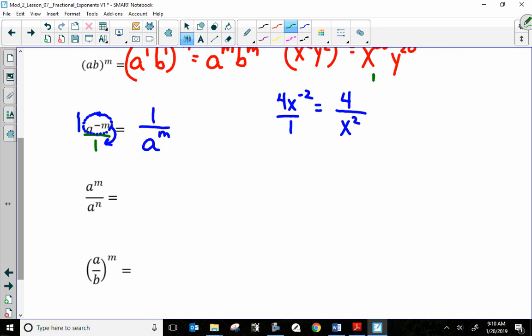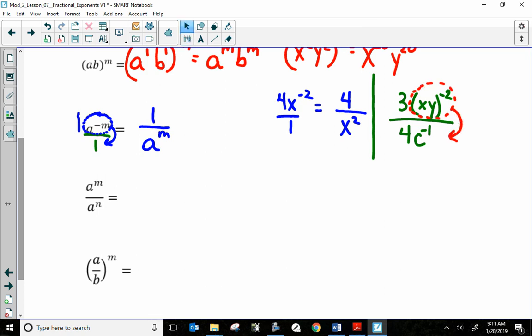Okay, I'll do this one in green. Let's say I've got 3, then in parentheses, x, y to the negative 2, all over 4c to the negative 1. All right? So anything with a negative exponent needs to flip. That means this flips down here, and I actually have something in the bottom with a negative exponent, that's going to come up.